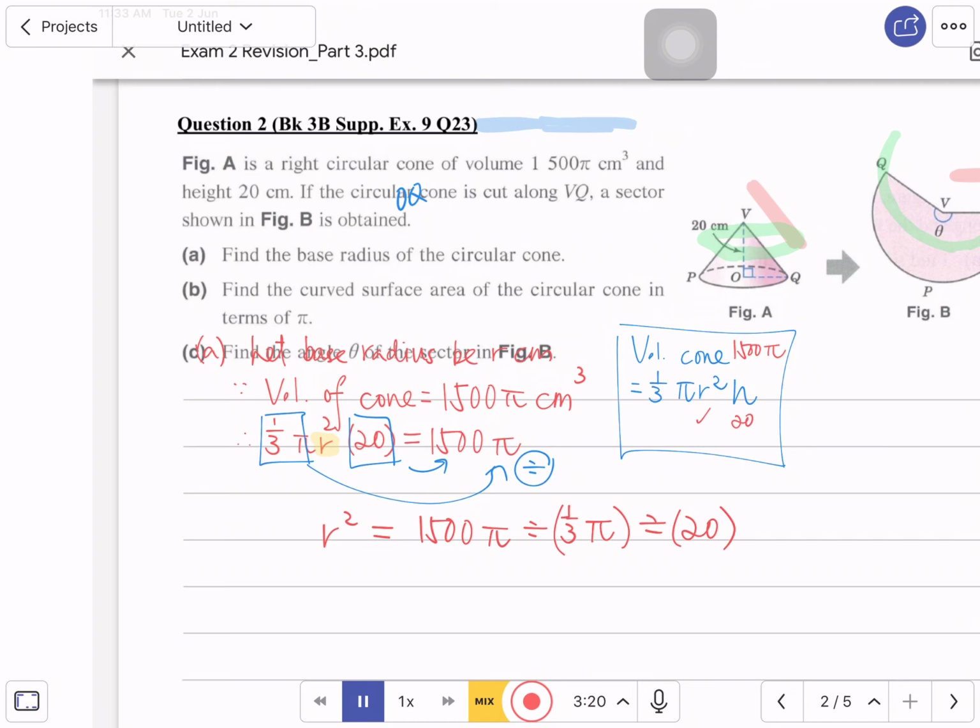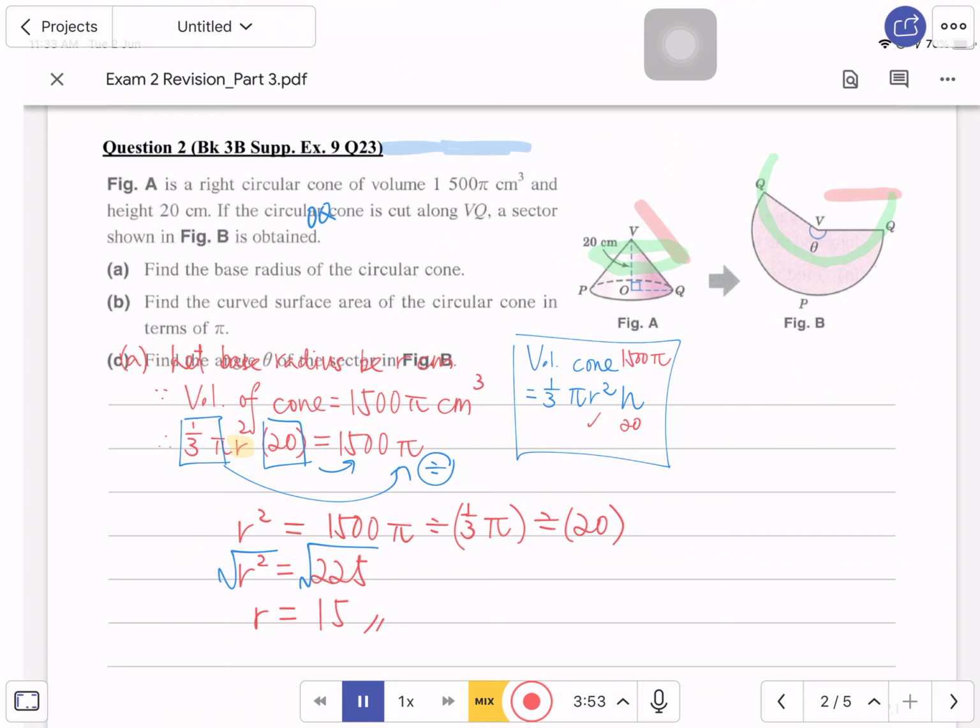After simplification, we know that r square is 225. And to get r, we square root both sides. Left hand side has r, right hand side is 15. So we know the base radius is 15 cm.